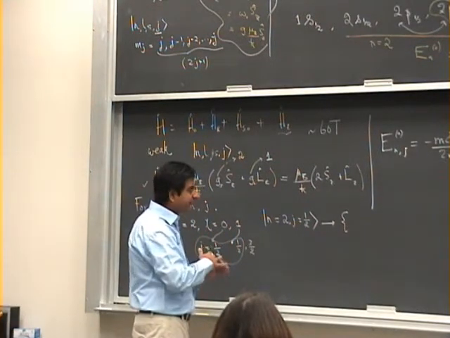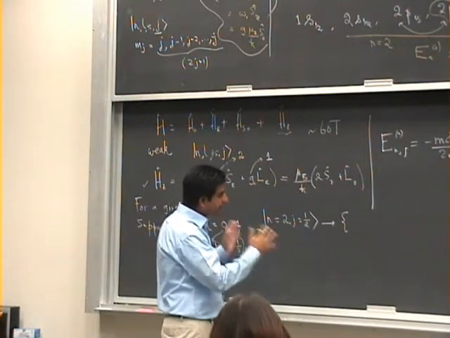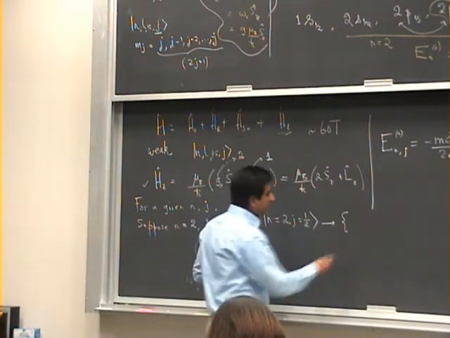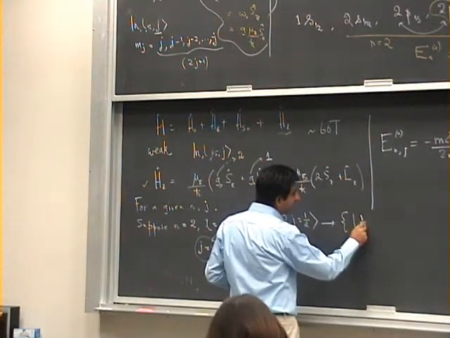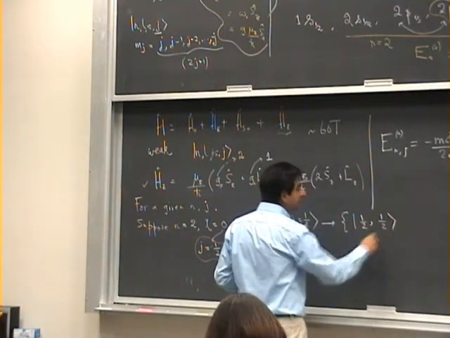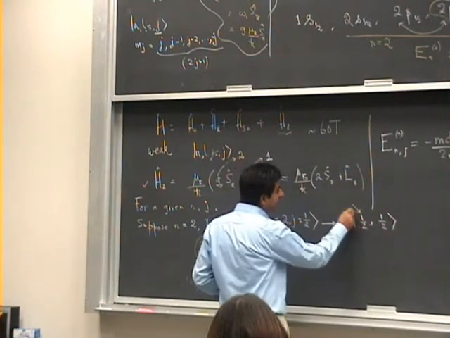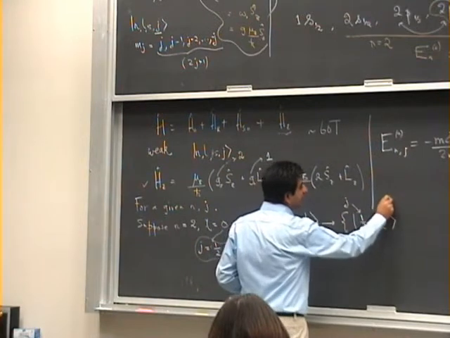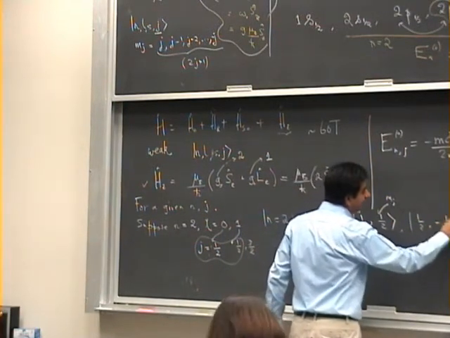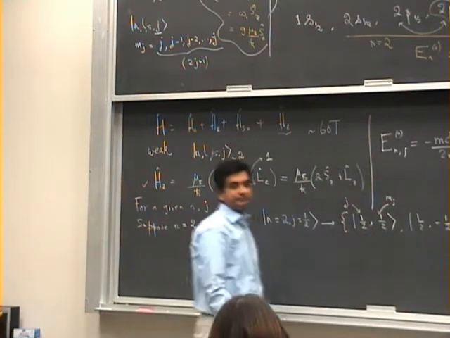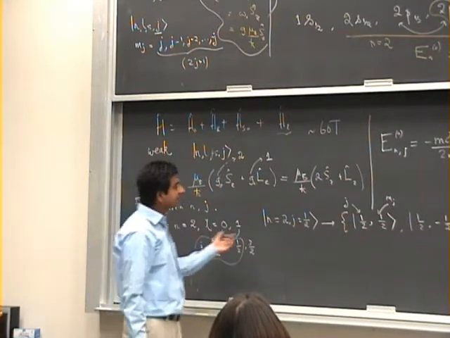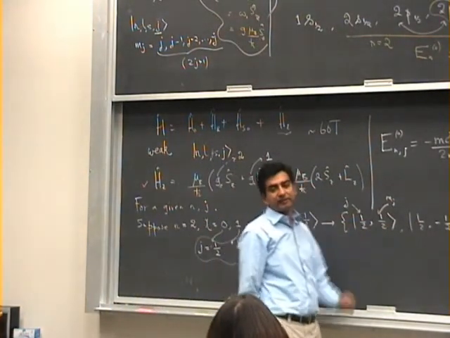The basis states of this subspace are, now I'm dropping the n equals 2, j equals half, m_j equals half, and j equals half, m_j equals minus half. So this subspace is spanned by two basis vectors.